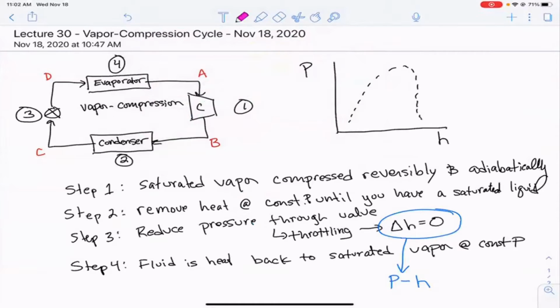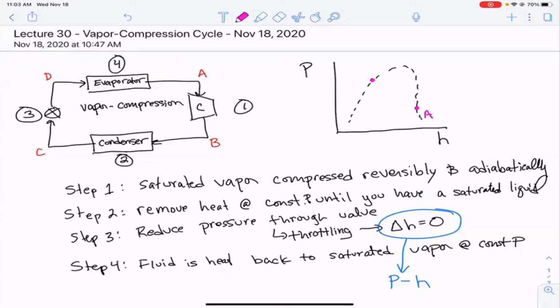At state A, we are at the lowest temperature and pressure, and we're a saturated vapor, so we would be approximately here. That would be state A. Then at state C, we're saturated liquid at the highest temperature and pressure, so we're there on the curve.